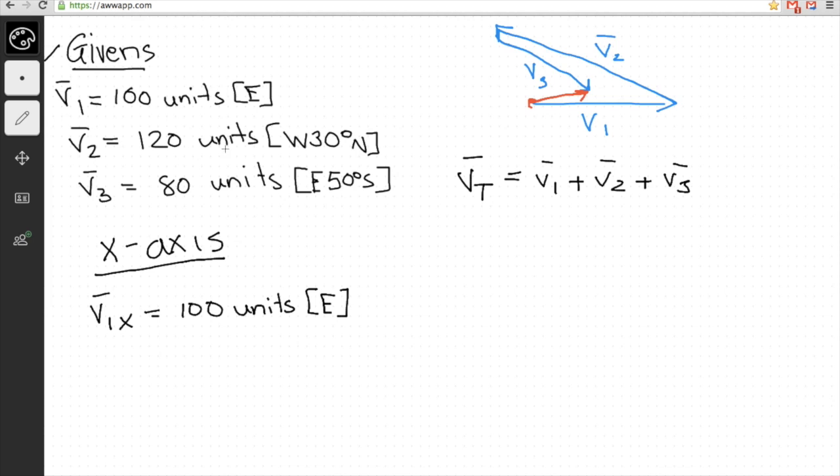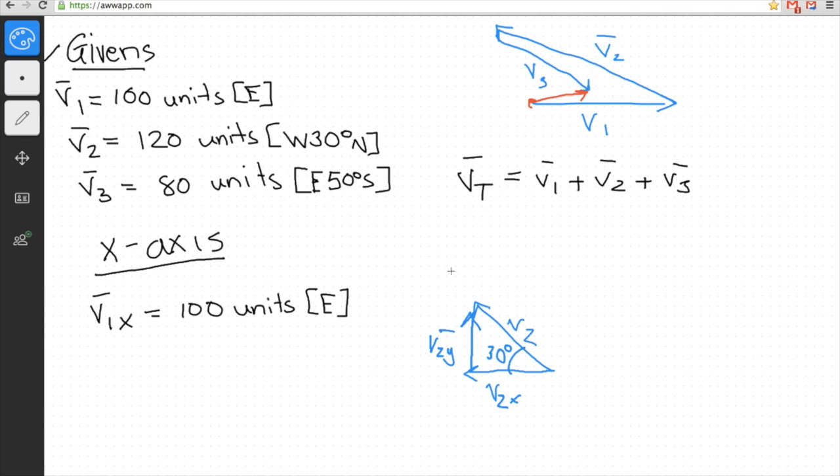Now for V2, we'll just do a quick sketch here of V2. Going up like this, its x component is going west, so that's V2x, and then it has a y component going north, so that's V2y, and the angle here is 30.